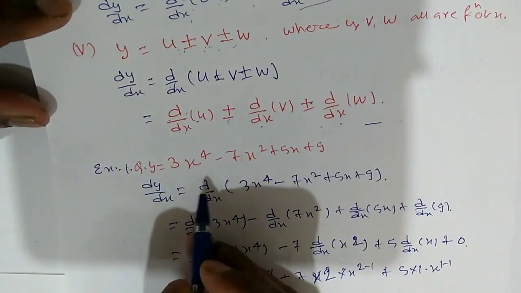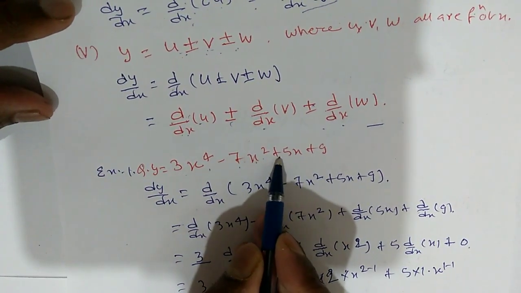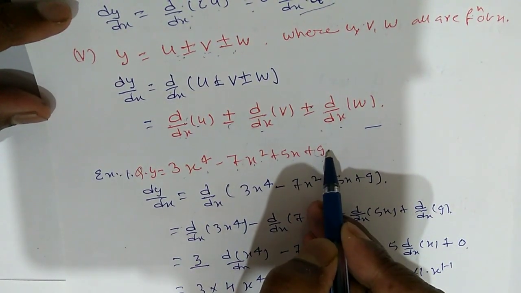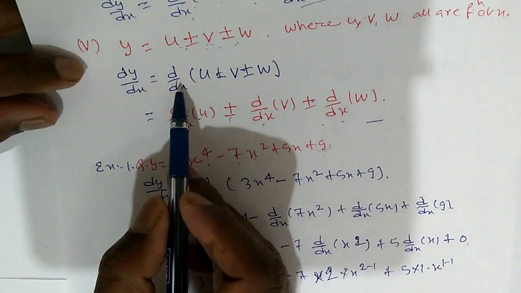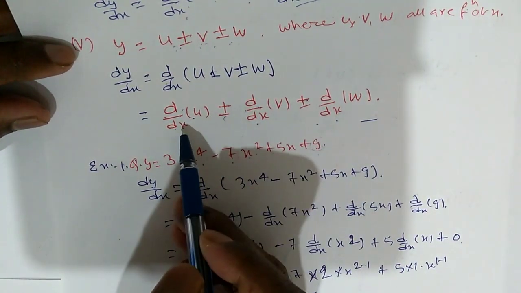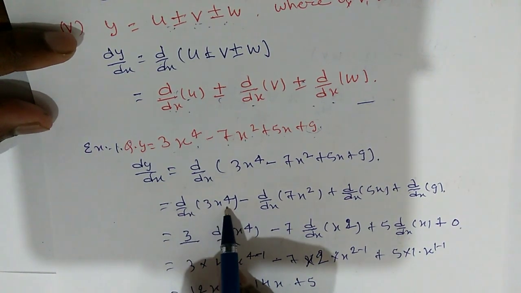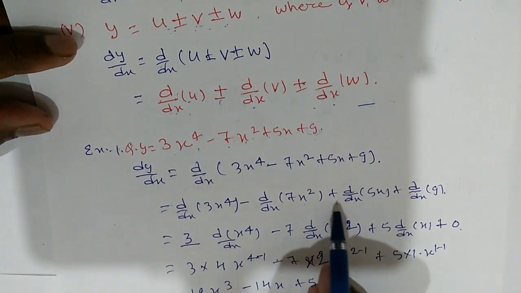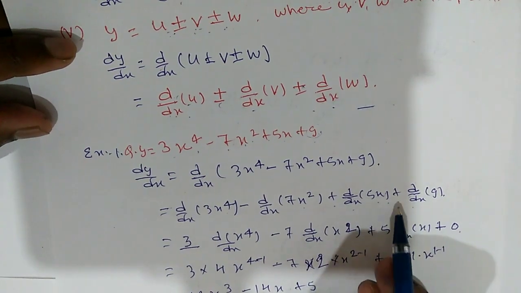Here is the example: 3x raised to the power 4 minus 7x raised to the power 2 plus 5x plus 9. This one is a constant, so it is 0 after differentiation. If we differentiate, we separate all the terms: d/dx of 3x^4 minus d/dx of 7x^2 plus d/dx of 5x plus d/dx of 9.